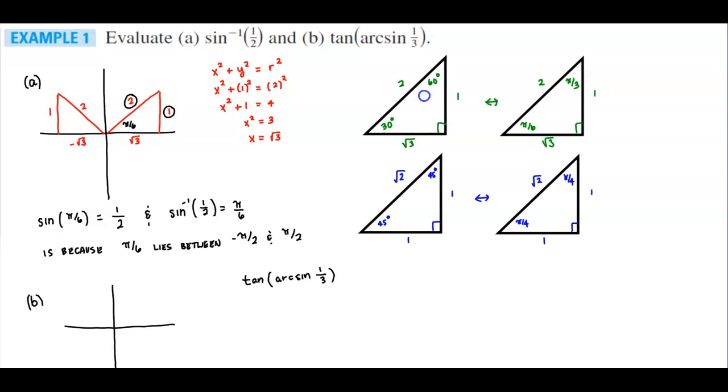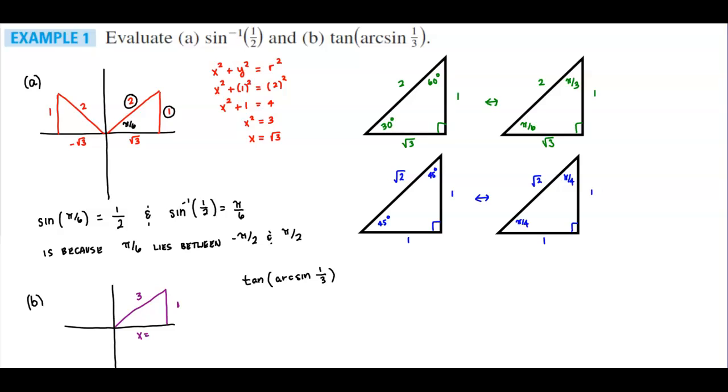Now remember that arc sine is the same thing as sine inverse. So let's go ahead and draw a triangle here. So here we have our triangle. We know that it's arc sine 1/3, so we know that this value is 1, and then the hypotenuse is going to be 3.